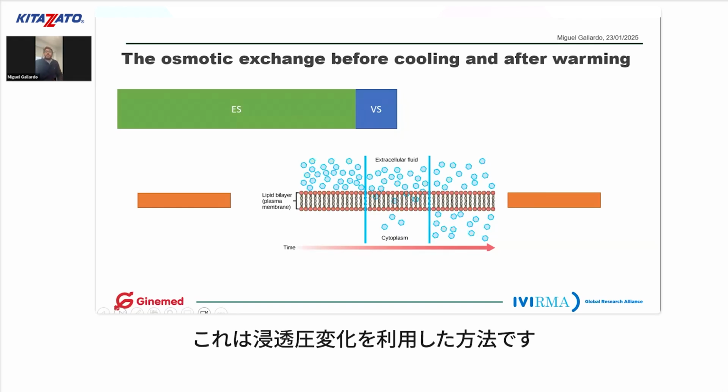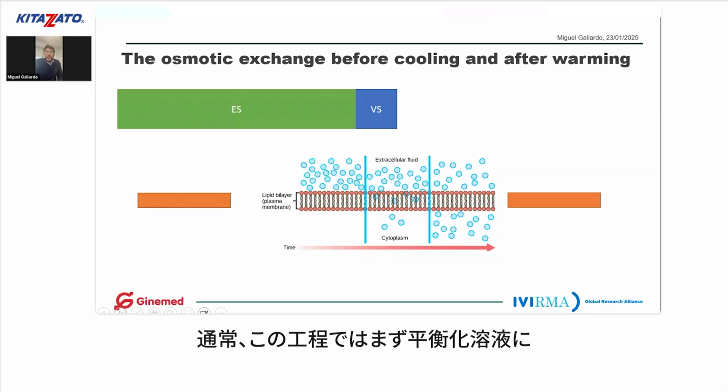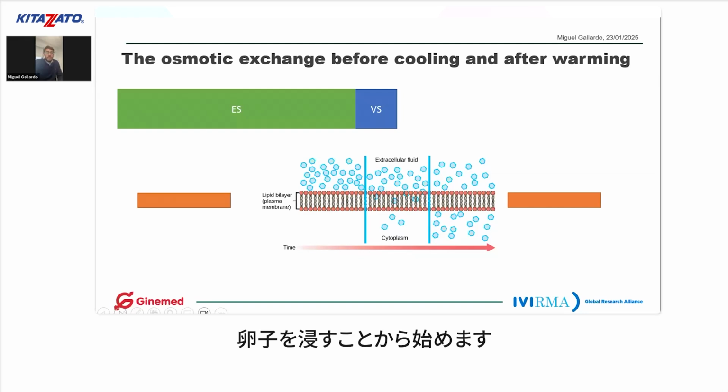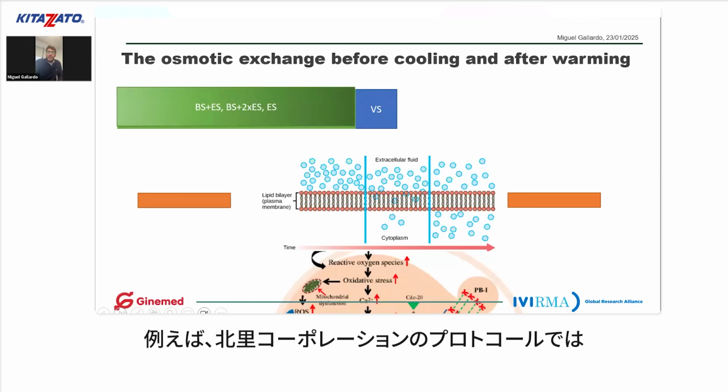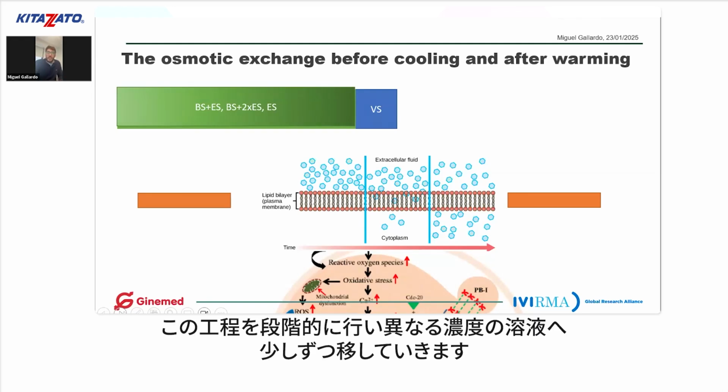It's a matter of an osmotic exchange, as we said before. And typically, this is going to look like we expose the oocyte to the equilibration solution. If you click a couple of times, we can see that in the Kitazato protocol, for instance, we do that gradually by exposing this equilibration solution to a basic solution.